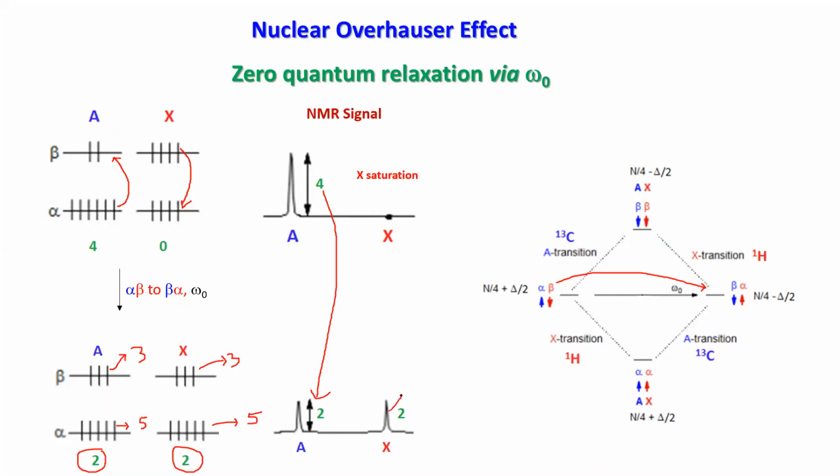You have the nearby peak due to X nuclei, but we can easily understand: if you allow one nuclei to undergo saturation and then allow relaxation with suitable route, you can have the peak height enhancement or the decrease in peak height for the nearby nuclei, which is staying in close proximity of the nuclei which you are making to undergo saturation.